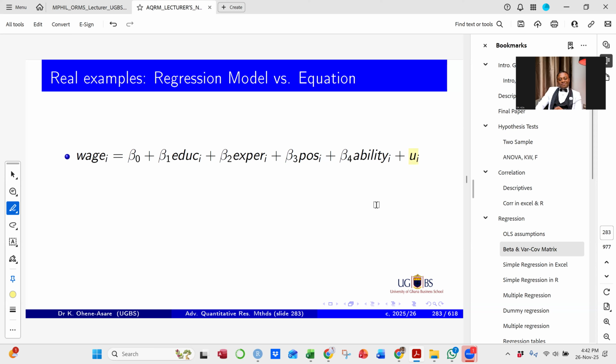Who can tell me a relevant factor that can affect the wage of a person but has not been captured in this model, apart from education and experience and the rest?